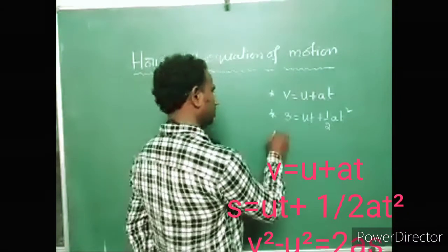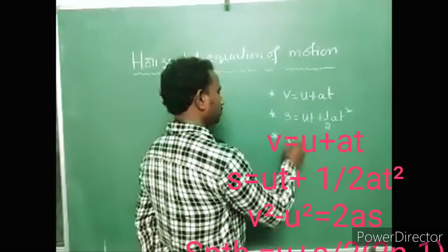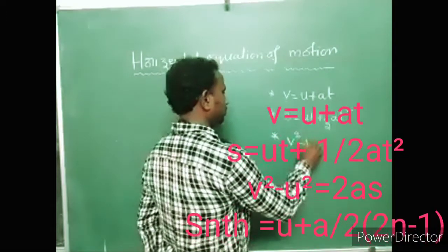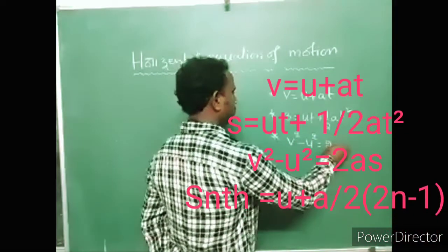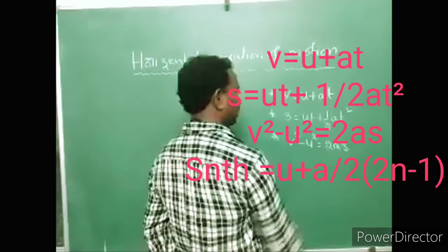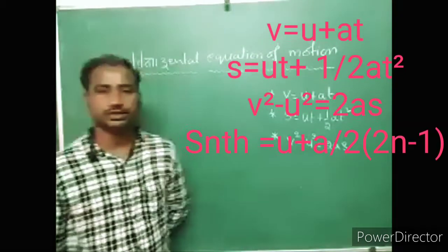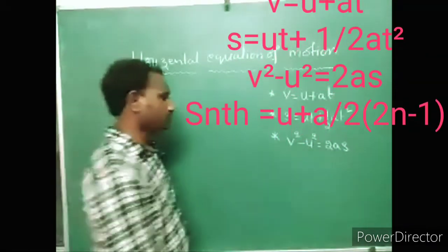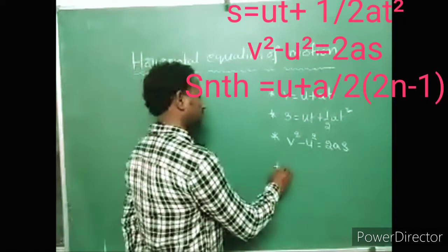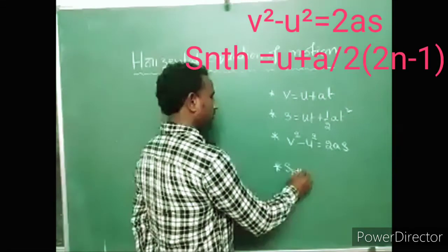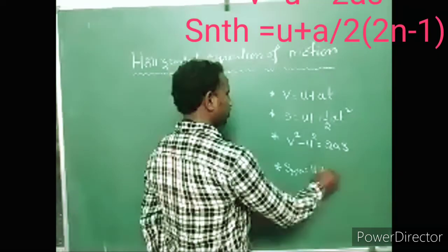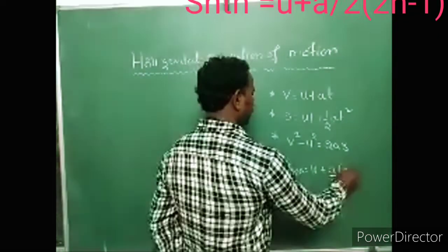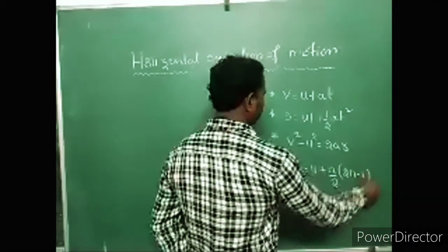Third one, V square minus U square equal to 2AS. It represents the third equation of motion. Fourth one, Sn equal to U plus A by 2 into 2n minus 1.